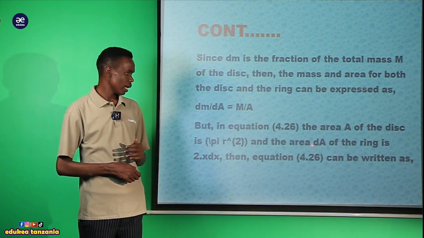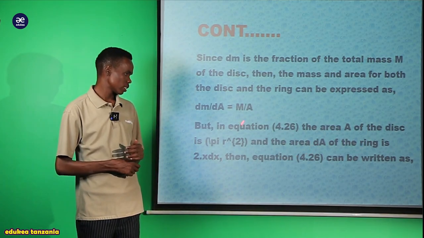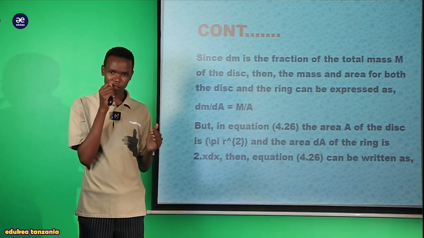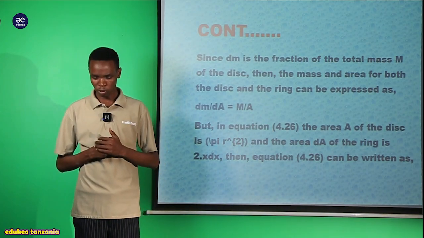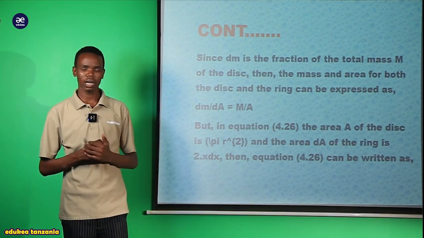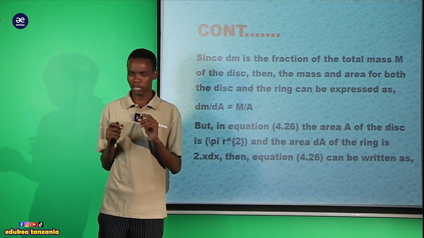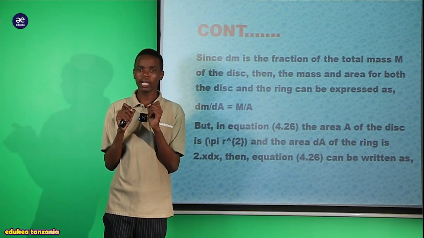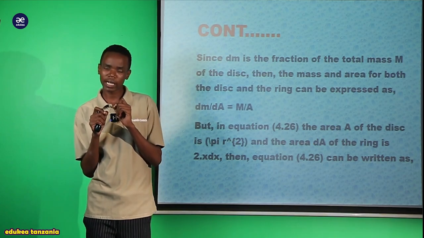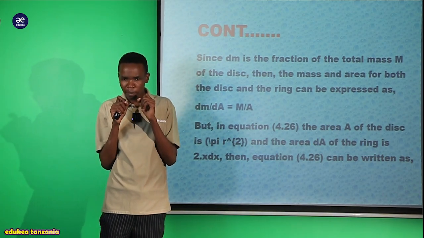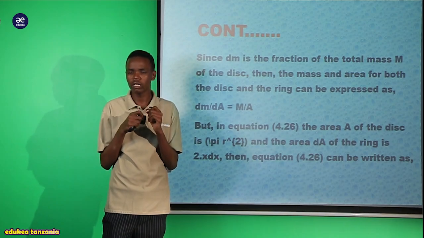And the area dA of the ring is this one. How can we get the derivative of the ring? Now we are supposed to differentiate this area, kwa sababu tumepata kabisa kwamba kama area wetu ni sawasawa for the small change, area must be equal to pi x square. If we consider the small particles, it means that the area becomes very, very small, we should differentiate.